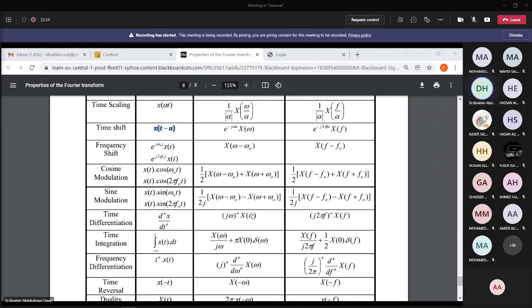let's write it. So frequency shift. If x of t gives x of f or omega, then e to the power of j2 pi f naught t times x of t gives x of f minus f naught.